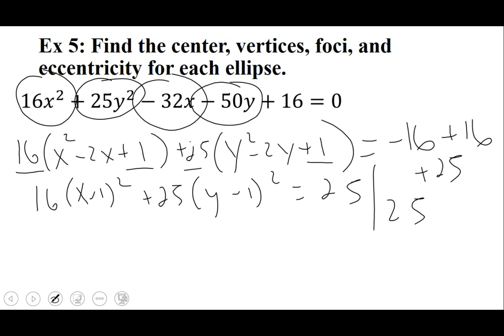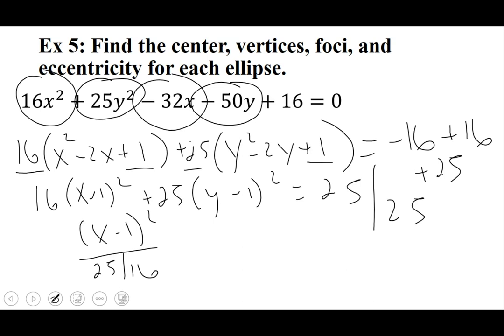So when you divide 16 by 25, you're going to get a coefficient of 16 over 25, which means that when you put it in the denominator, you're going to write it as 25/16. Hopefully that makes sense because it's kind of multiplying by the reciprocal, but in reverse.